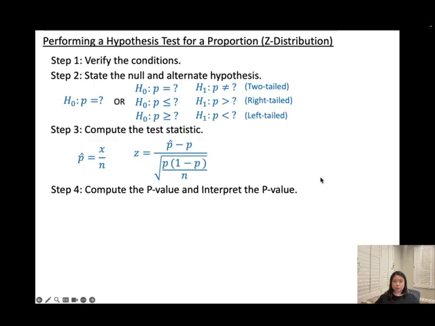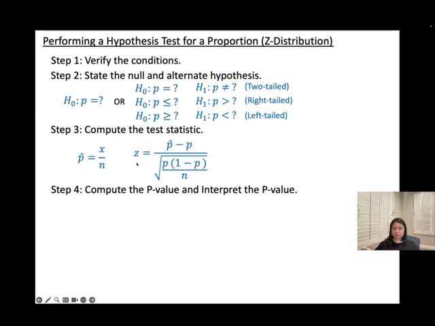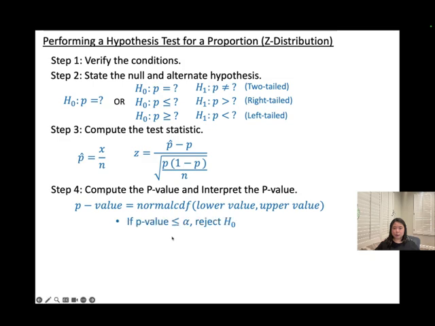Step 4, compute the P value and interpret the P value. After you find the test statistic, we'll use it to find the P value, depending on which tail test you are working on. The idea is the normal CDF, with lower value and upper value. After you find the P value, you compare it with your significance level.